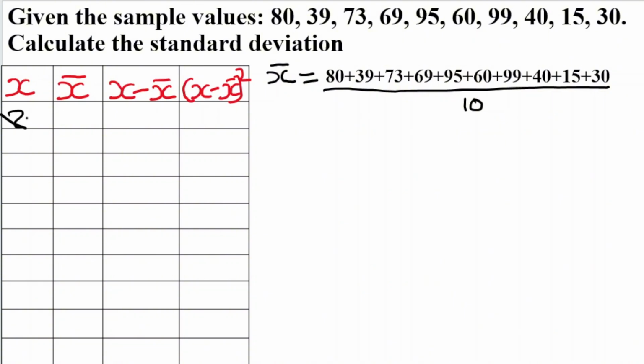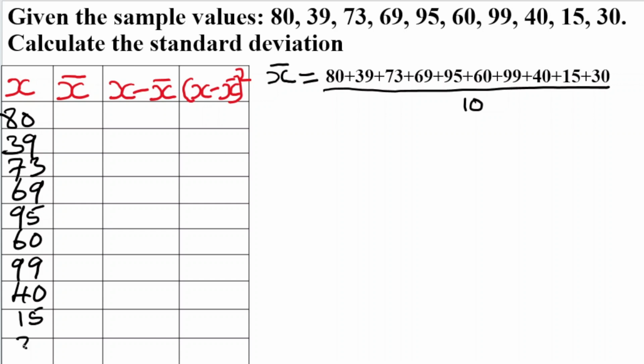The first one is 80, the second is 39, then 73, 69, 95, 60, 99, 40, 15, and 30. Using our steps, the first step says find your mean.